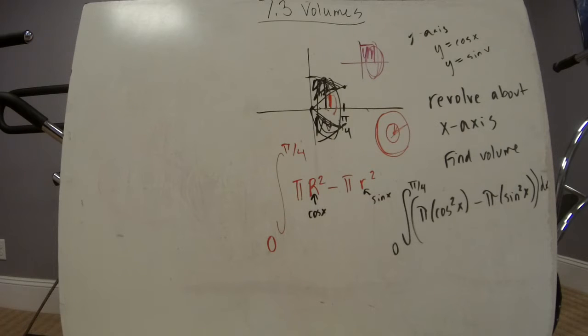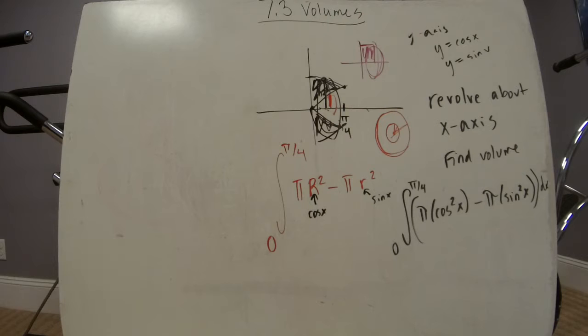So 0 to pi over 4 of sine x squared minus cosine x squared. Oh, I'm supposed to do it backwards. My bad. So you get half pi.